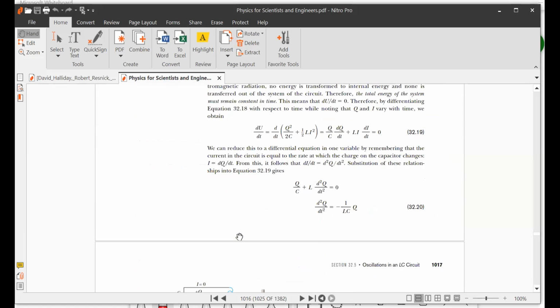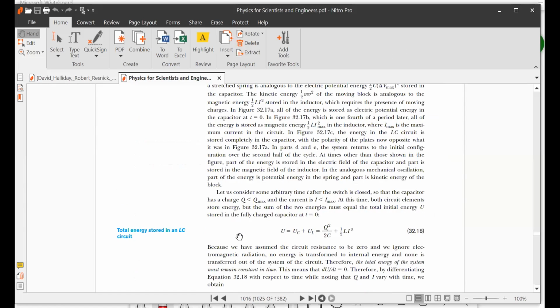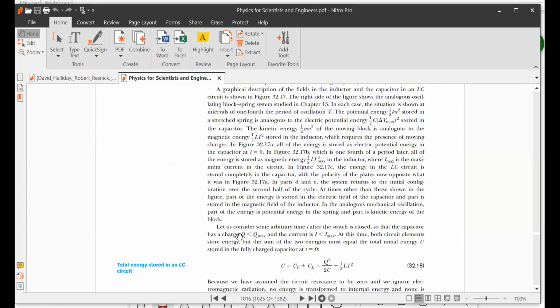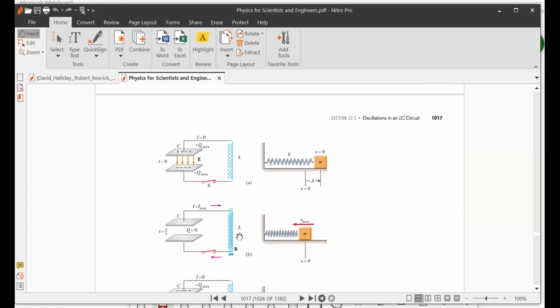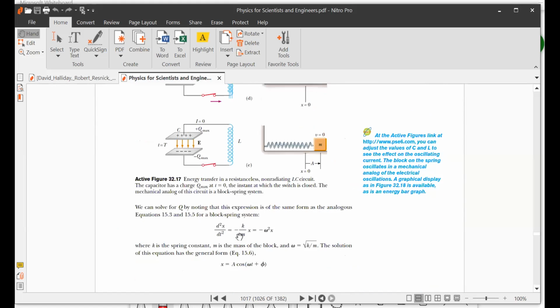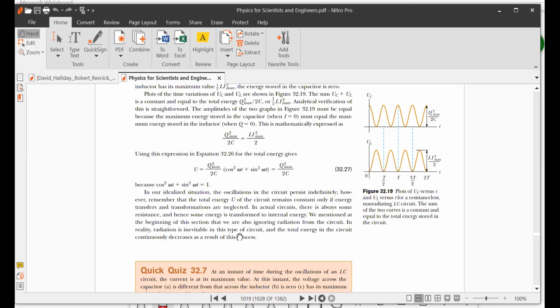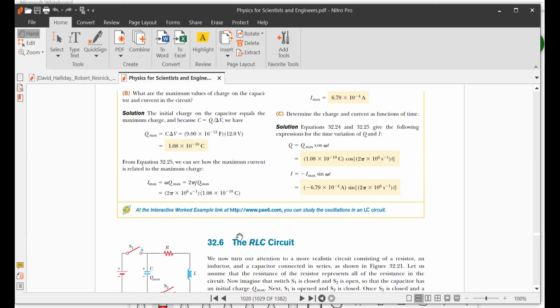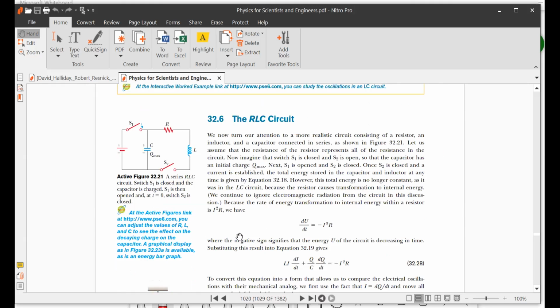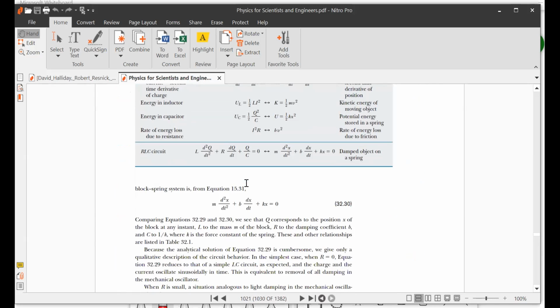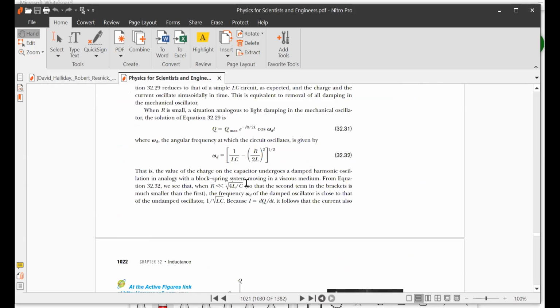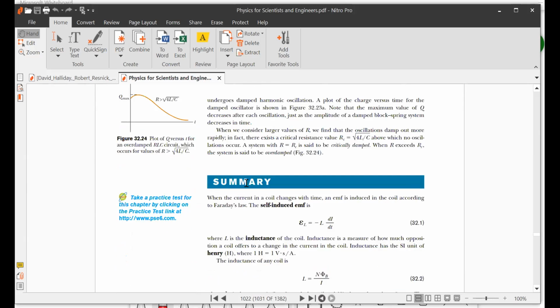Outside the content of SAP. Okay, if there is no question, let us continue to alternating current, directly AC circuit.